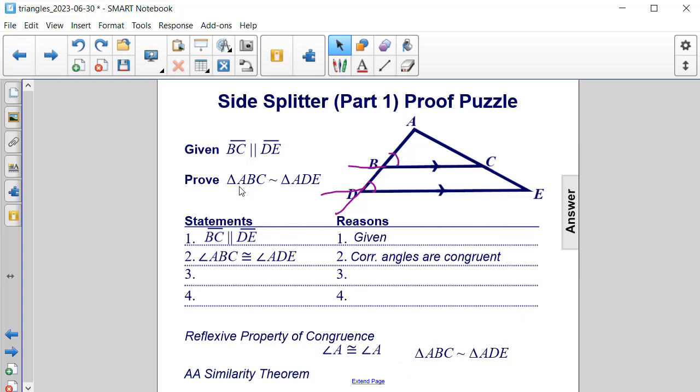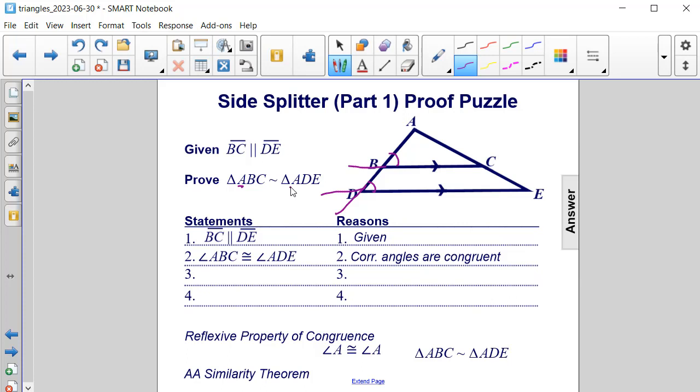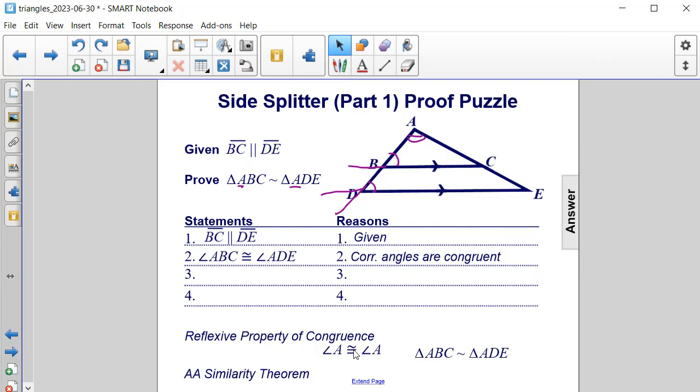Okay, next we can look at the similar triangles statement that we need to prove. We have triangle ABC and triangle ADE. They both have one common letter in them, angle A. So we can say that angle A is congruent to itself by the reflexive property of congruence.